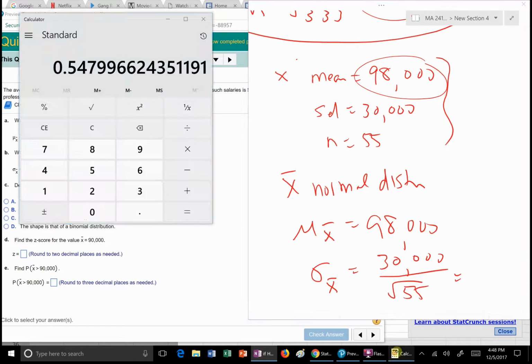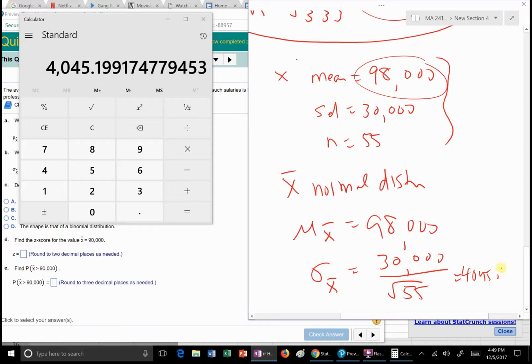And we can go ahead and compute that out. It's going to be roughly $4,045. And we'll round this off to cents, so it'll be 4045.20.